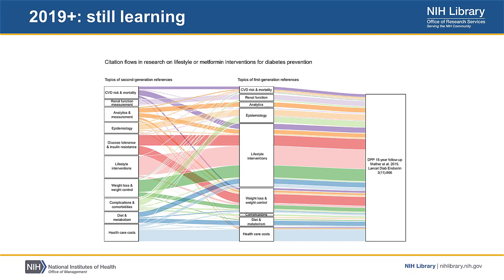So what was the research body necessary in order to make this breakthrough? So what did the field look like, and how did it converge on this particular breakthrough in a particular clinical trial setting? So again, I'm tracing citation flows through these different generations through various topic areas to try and get at this kind of a question.